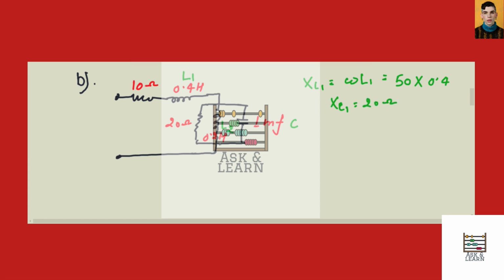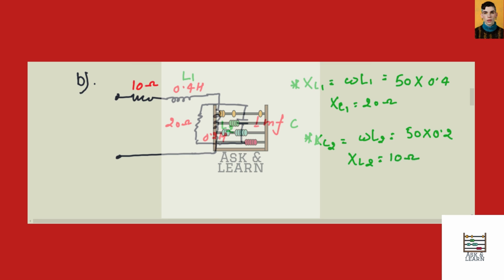The second thing is we have to find out XL2, which is omega into L2, where omega is 50 again and L2 is 0.2, right? So the value of XL2 is 10 ohms.